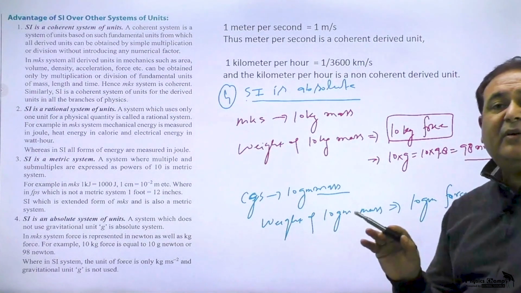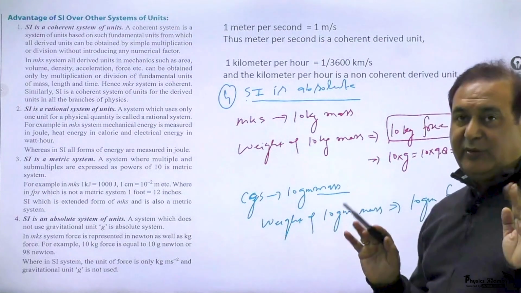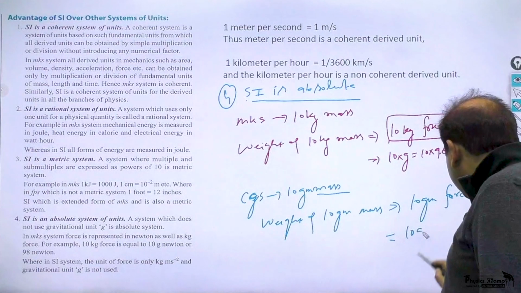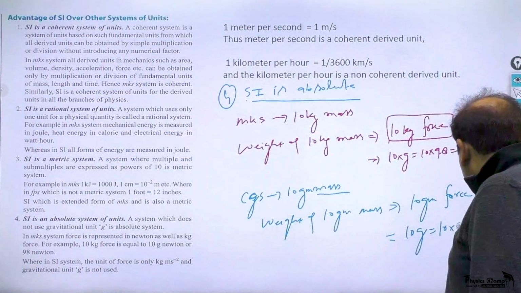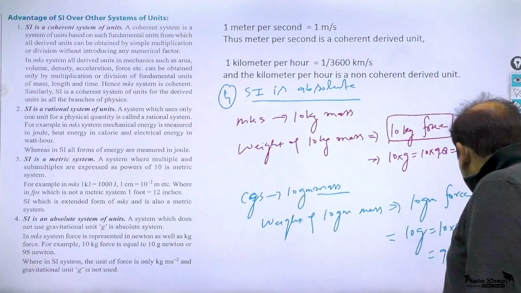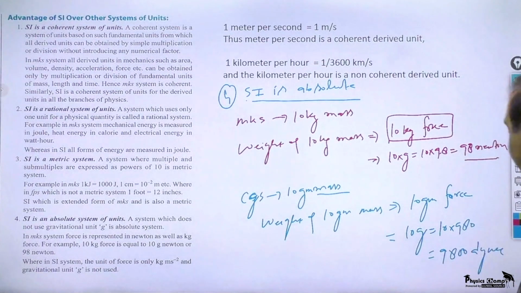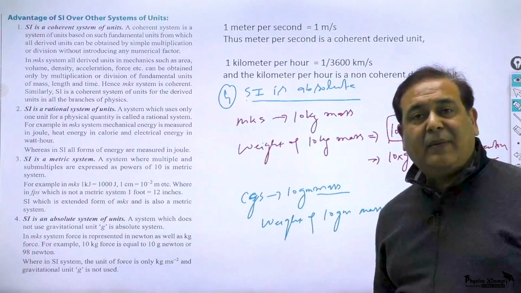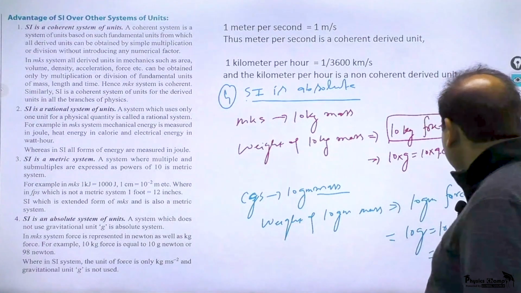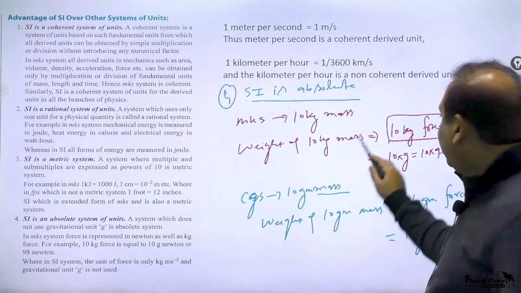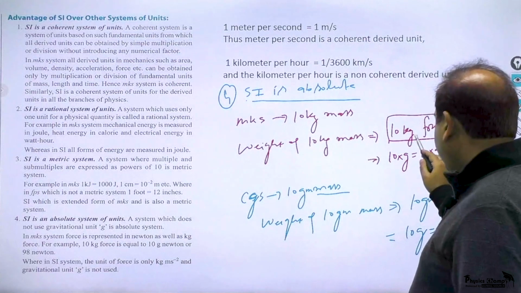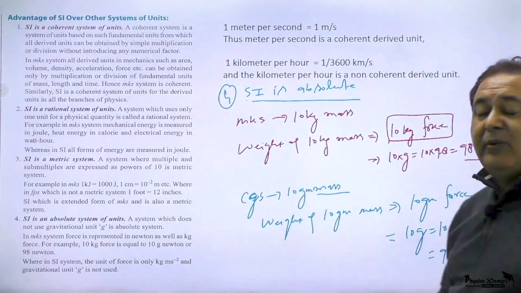This is the gravitational unit of force in CGS. Or it will be 10 g, which is 10 into 980, so it is 9800 dyne. So in CGS also, it's not an absolute system because we have two options for describing force, either gram force or dyne. Here also I have two options for describing weight in MKS, either 10 kilogram force or 98 Newton.